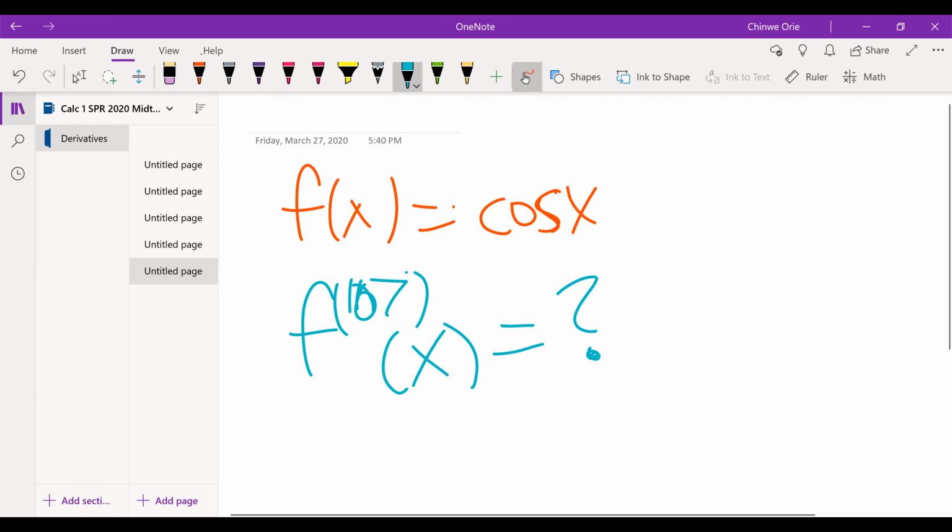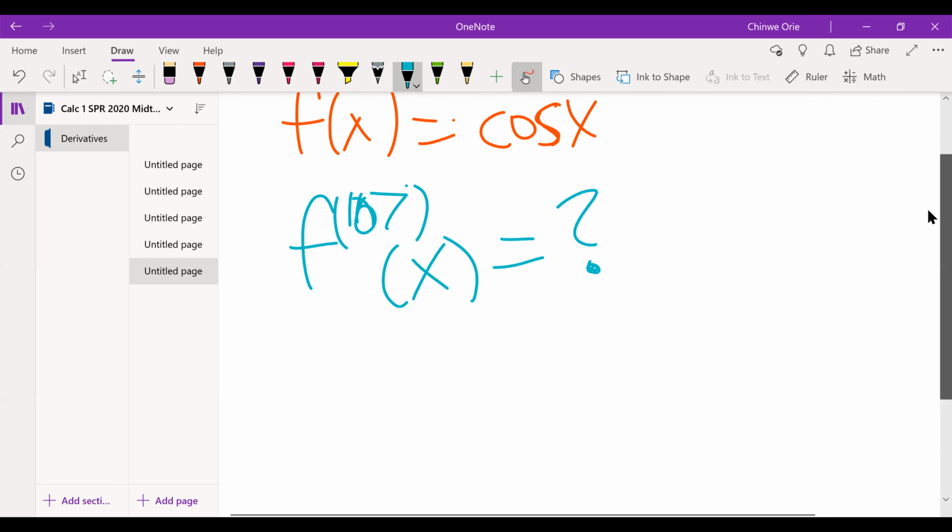Okay. Anybody have an idea what the 107th derivative is? The way you want to think about this kind of problem is, first of all, what the derivative is. If you ever have a problem where they want you to find a pattern, or the future value, like the 12th derivative or the 37th derivative, you're obviously not going to compute this 107 times.